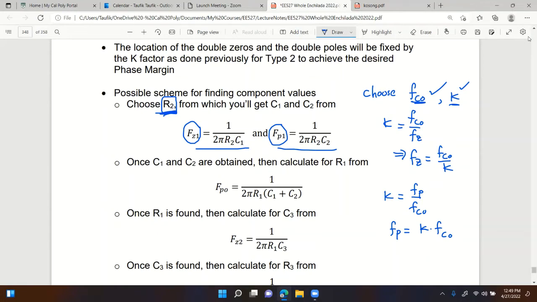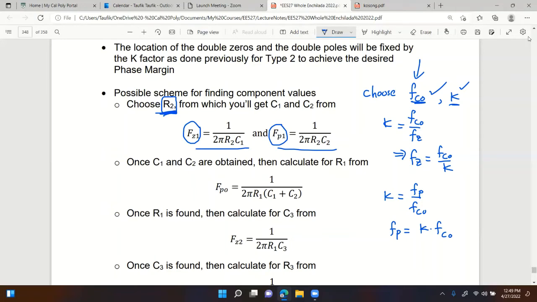How do you choose the crossover frequency? We already talked about it on Monday as well. This would be an order of magnitude higher than the corner frequency of the filters, and about a fifth of the switching frequency. That's how you would select FC naught. And for K, you can just select maybe K equal to 2 or 3 for now. It doesn't really matter, because there's going to be iteration after this.